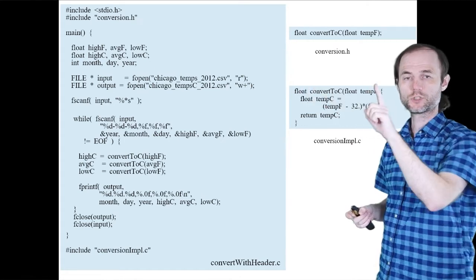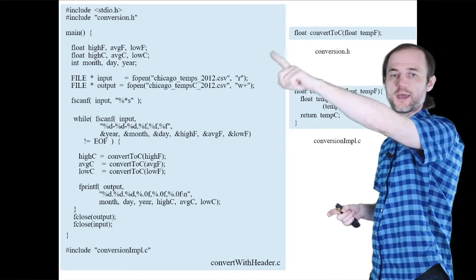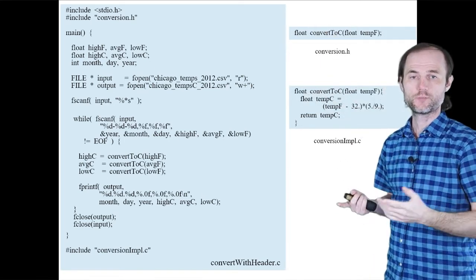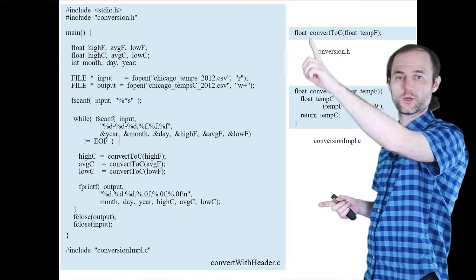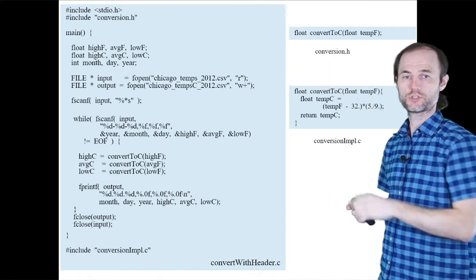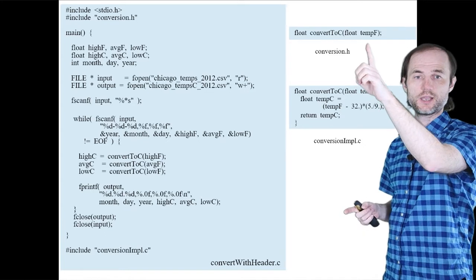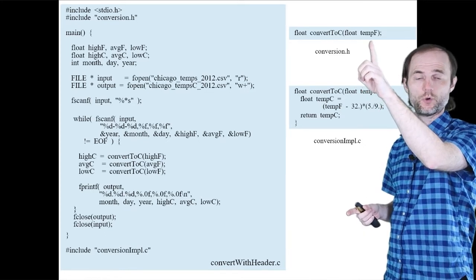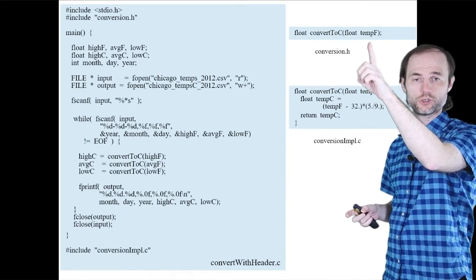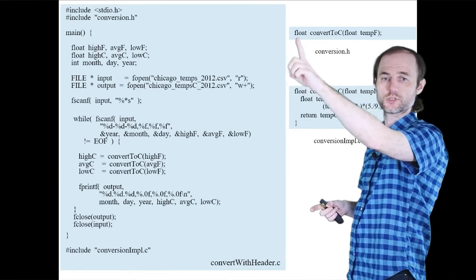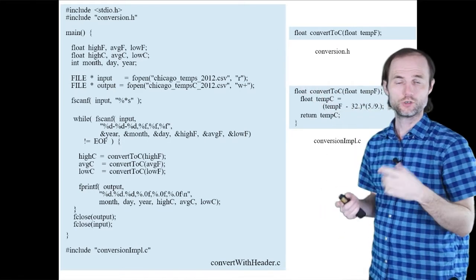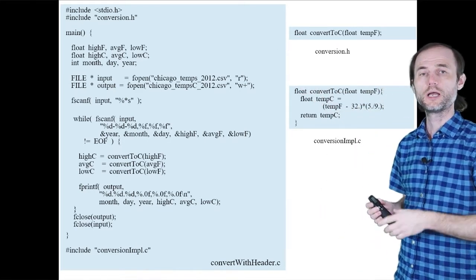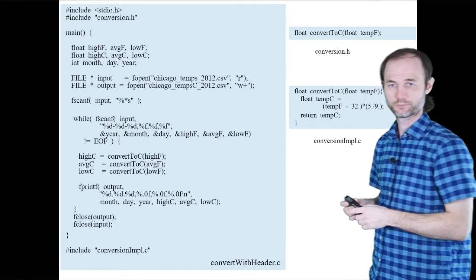That's why we use the quotes instead of the angular brackets, and it provides the prototype for our brand new function convert to centigrade. It takes a floating point variable, temperature in Fahrenheit, and returns the value of temperature, also floating point variable, in centigrade.